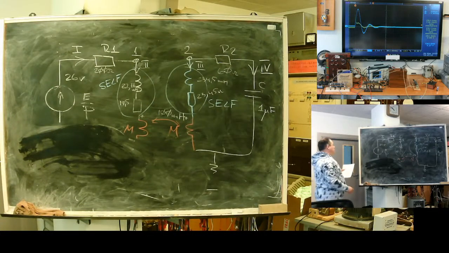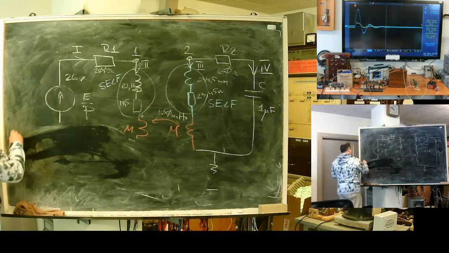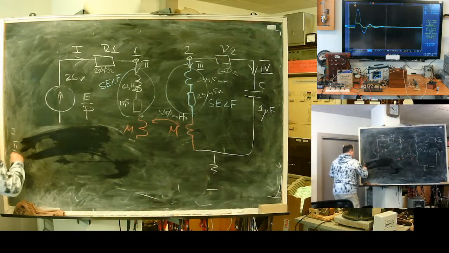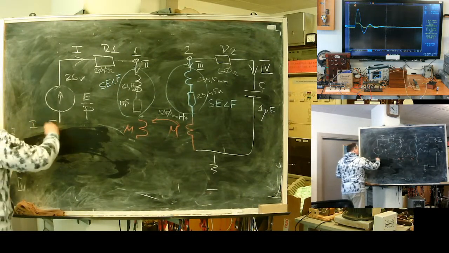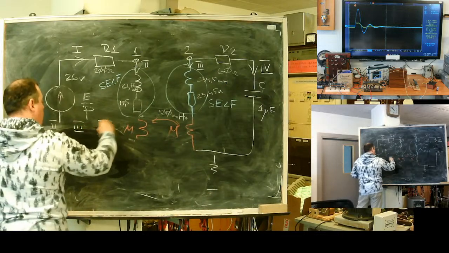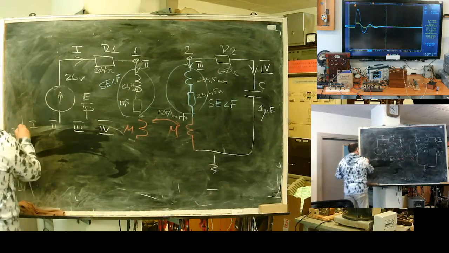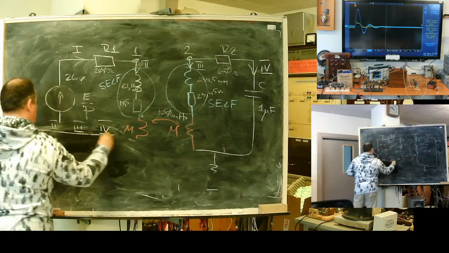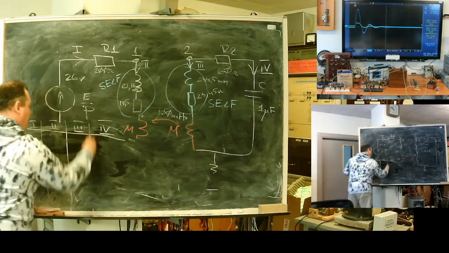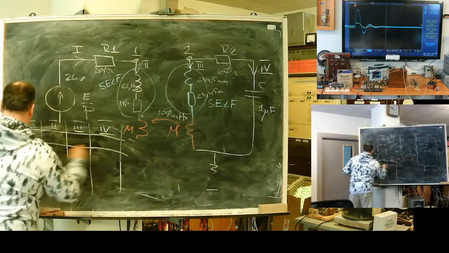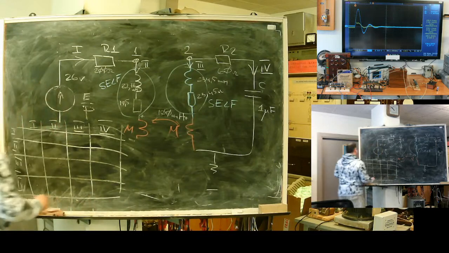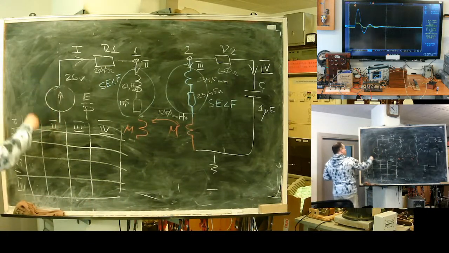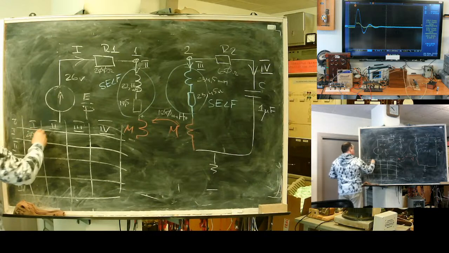So, resistance matrix for the first branch. 1, 2, 3, 4. 1, 2, 3, 4. One, 200 ohms.